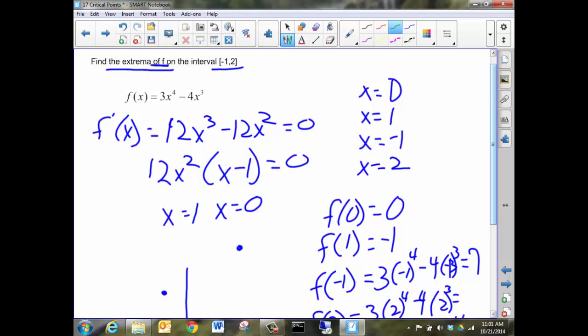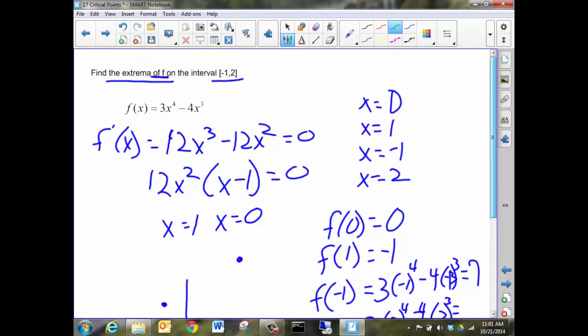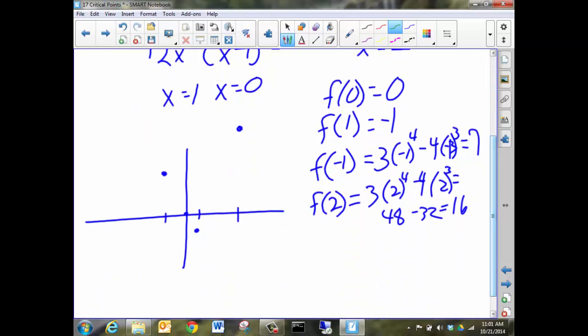Okay. The leading degree is 4. What does that tell you? Does anybody remember? If the leading degree is even, both ends are going up or down. Are these going up or down? Up. Why? Positive.